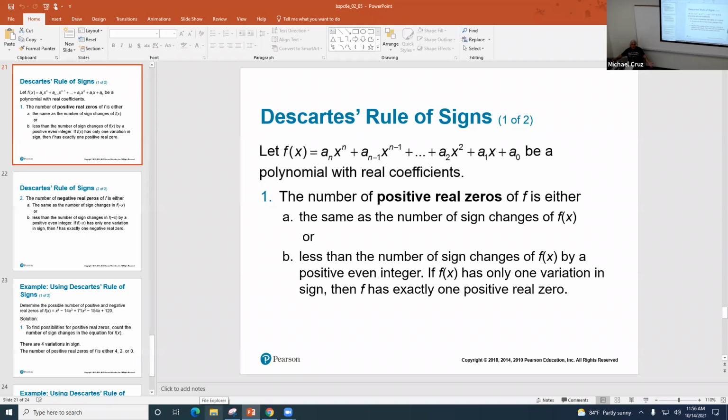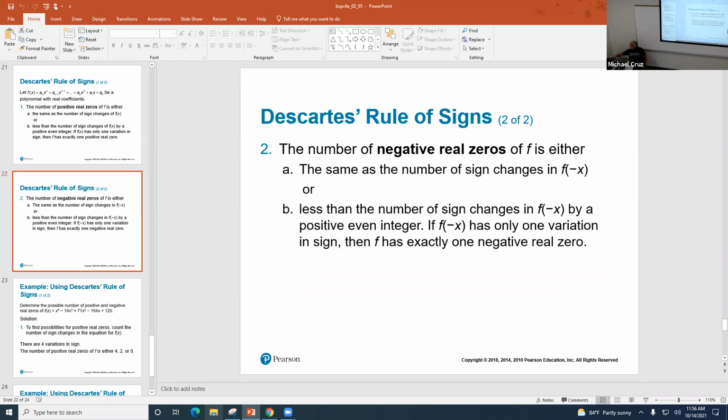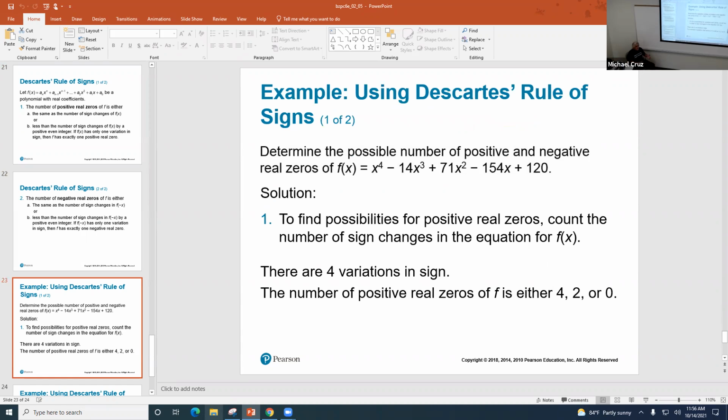So in the case of 4, it could be 4, 2, or 0. If it came out 6, it could be 6, 4, 2, or 0. Then when you plug in f of negative x and look at the number of sign changes, it does the same thing, but now it's the negative solutions that you know about.